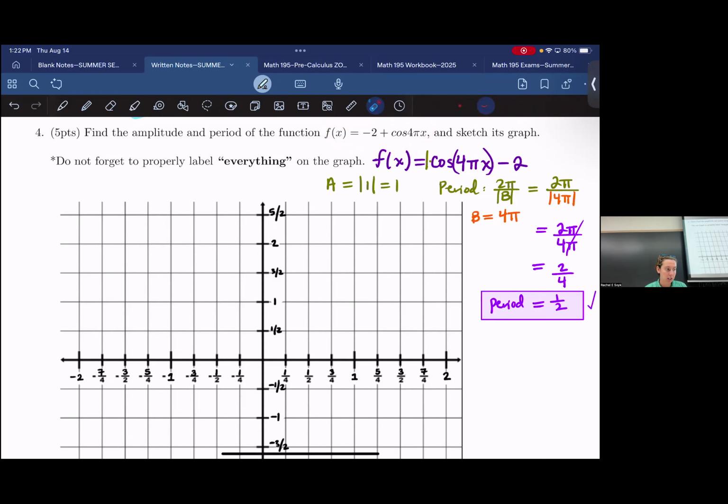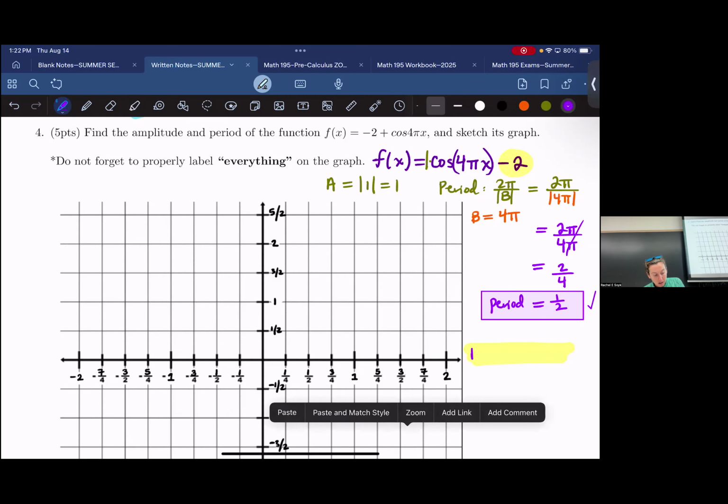And then our function intersecting through our midline, which brings us to our next point. What is our midline here? Well, our midline is the same as our vertical shift, which is D. And so our midline is just y equals -2.